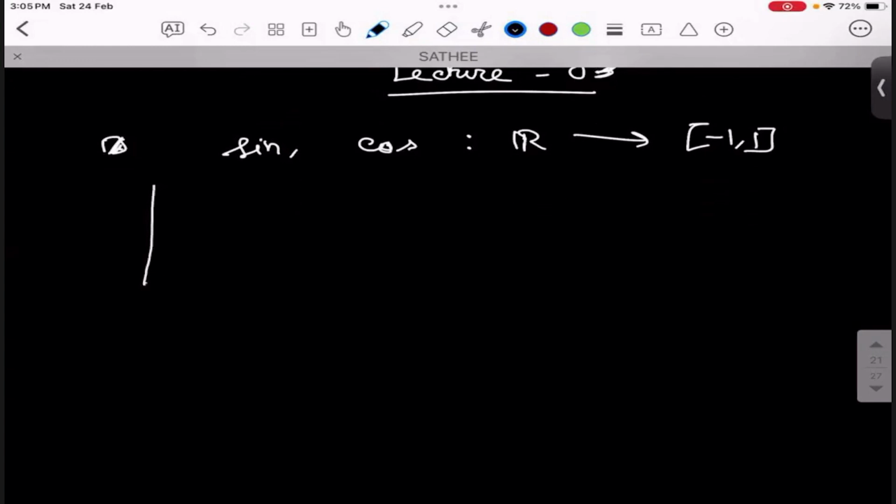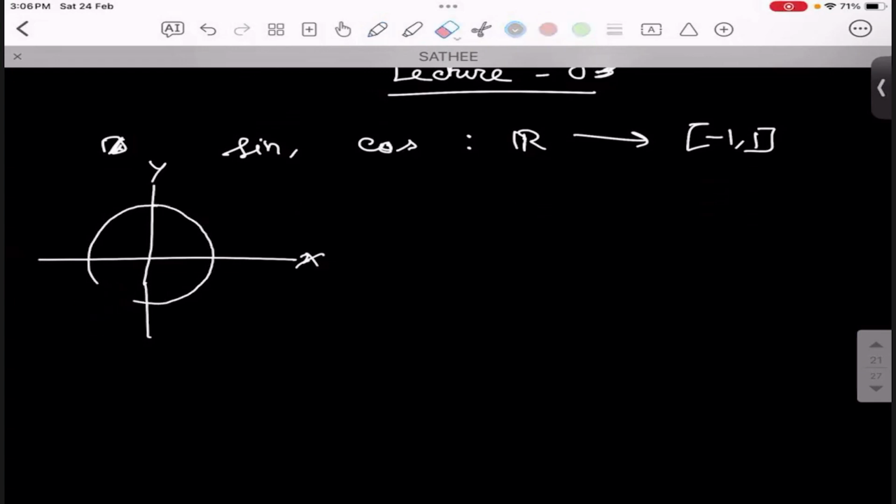This is our x-axis and y-axis, and this is the unit circle we considered in the last class. Similar circle, this must be a unit circle.